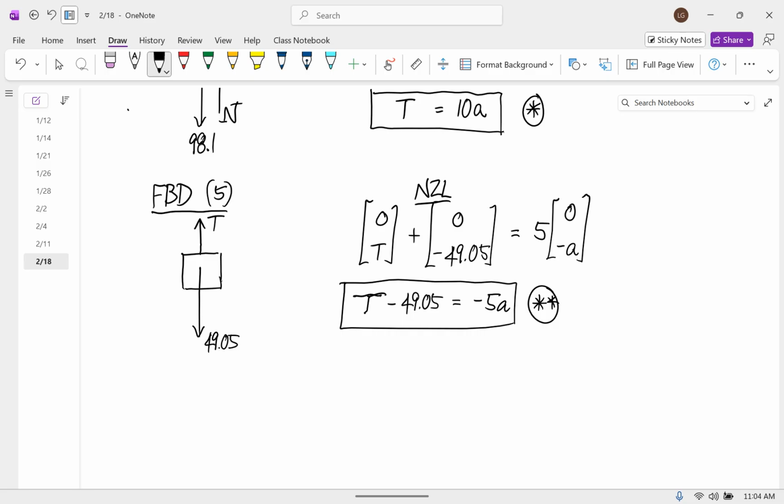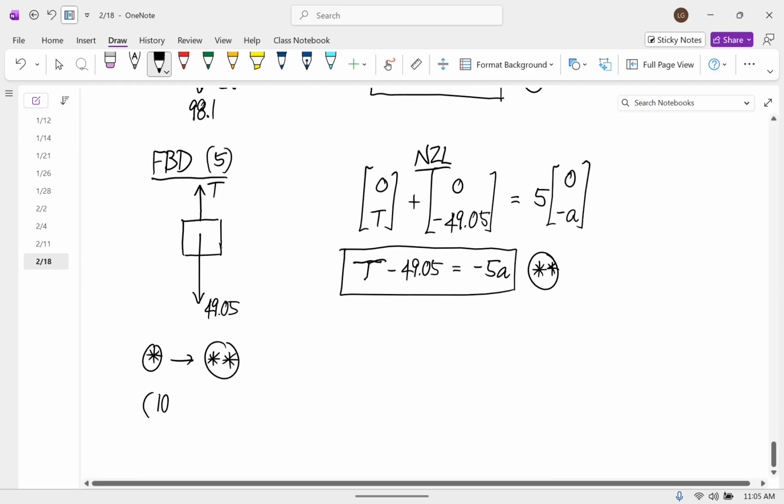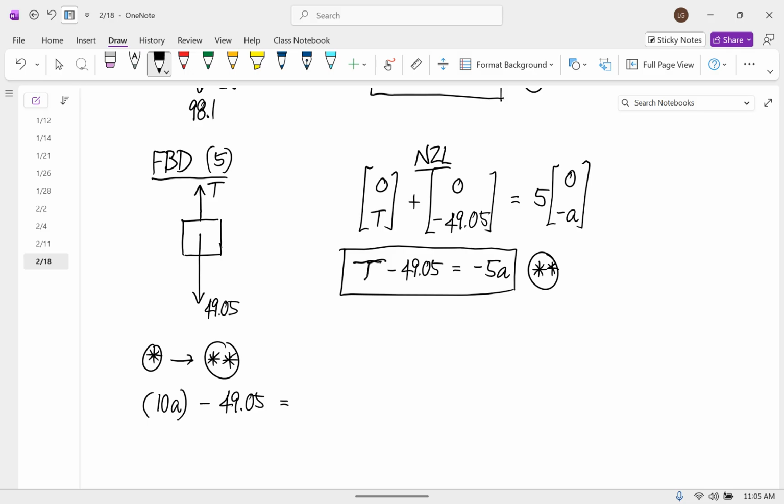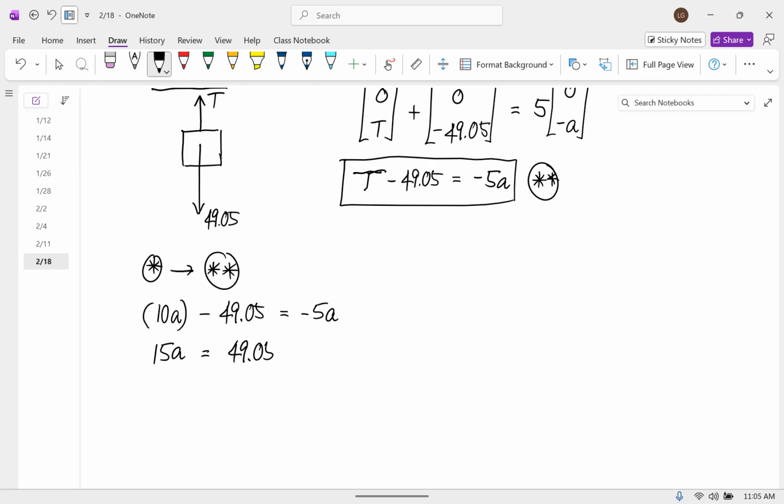And now I'll plug what I know from 1 star into 2 star. And we get 10A minus 49.05 is equal to negative 5A. And so 15A is equal to 49.05.